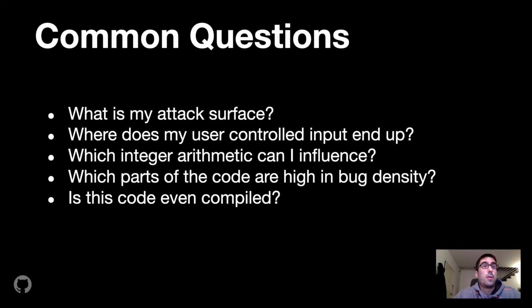Then we start to get more specific, and we ask more specific questions, such as, can we control allocations, for example? What about controlling the size of memory copies, etc.? CodeQL has a standard library with lots of queries that model bug patterns in code that are readily available for you to use. We will give you a look into this, and we will try to show how useful they are.